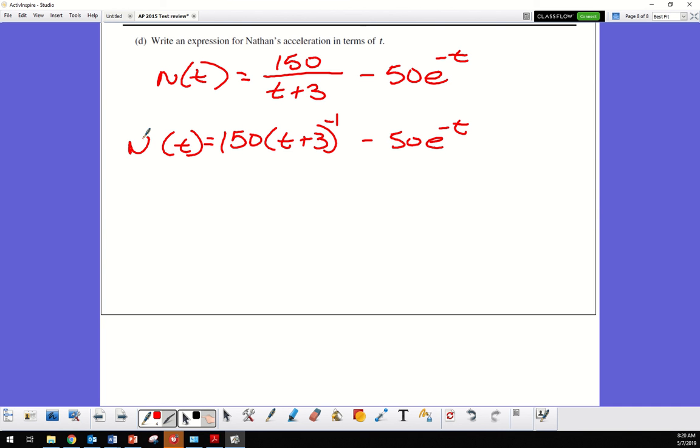Let's take a look. Let's talk about the power. It's a chain rule. The derivative of the power gives me negative 1, and then I subtract 1 from my exponent, which gives me negative 2. So it's going to be N prime of t equals negative 150 times t plus 3 to the negative 2, times the derivative of the inside, which is just 1.